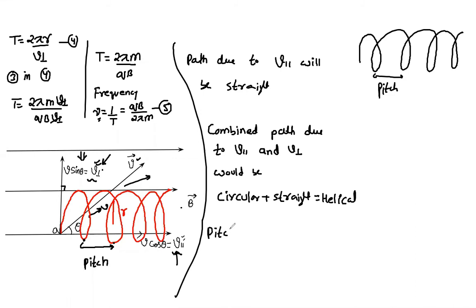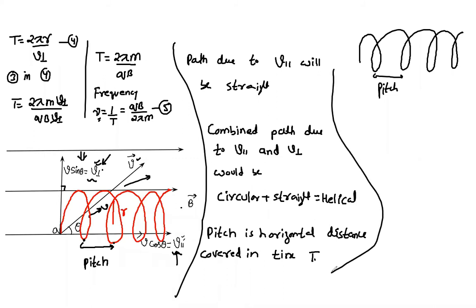So pitch is the horizontal distance covered in time period capital T. We can write pitch as the combination of V parallel and T. Pitch is a distance, which is speed into time.